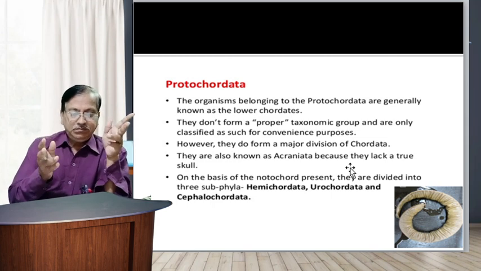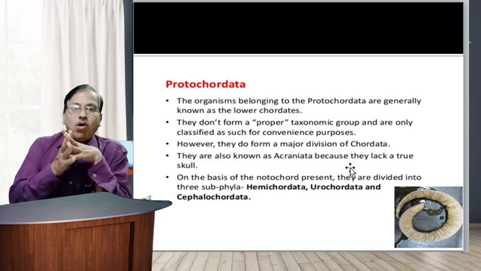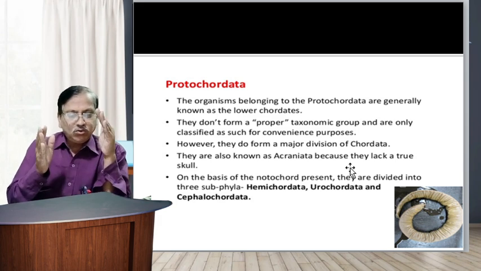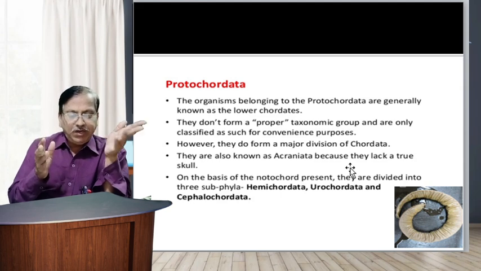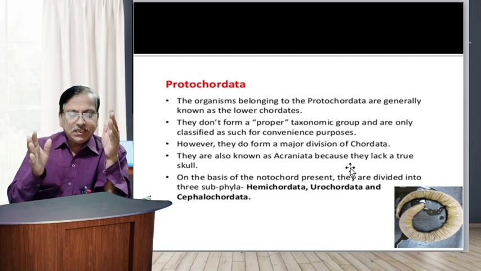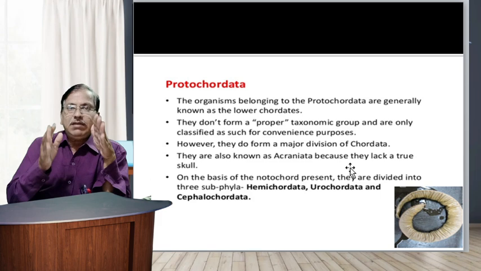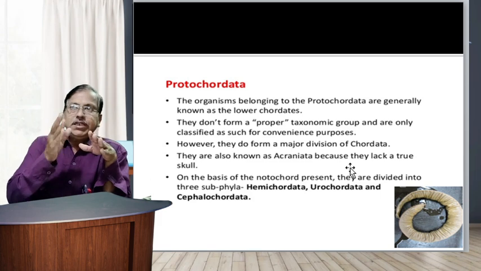Second, characters of the phylum Chordata: all free living to fully parasitic forms are known. Many more in these groups are free living. They are small to large in size, is the third character. Fourth, they are bilaterally symmetrical, means the animal body is divided into two equal parts.